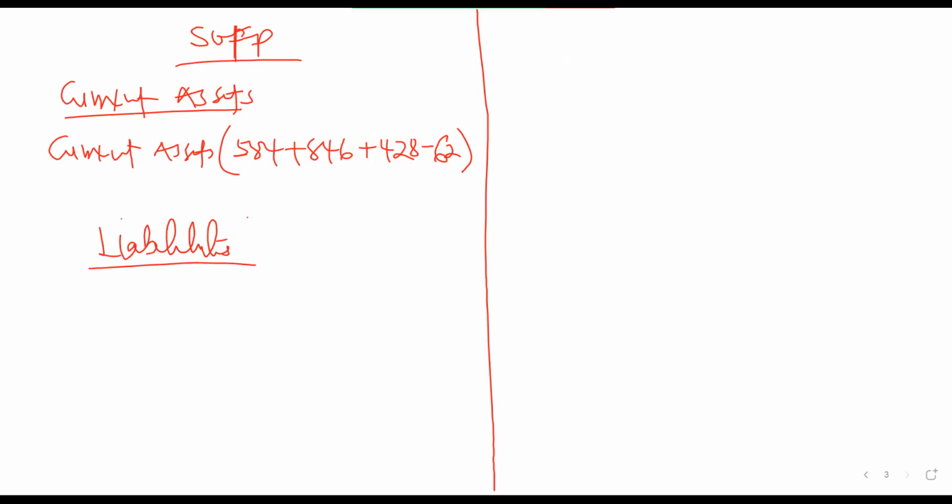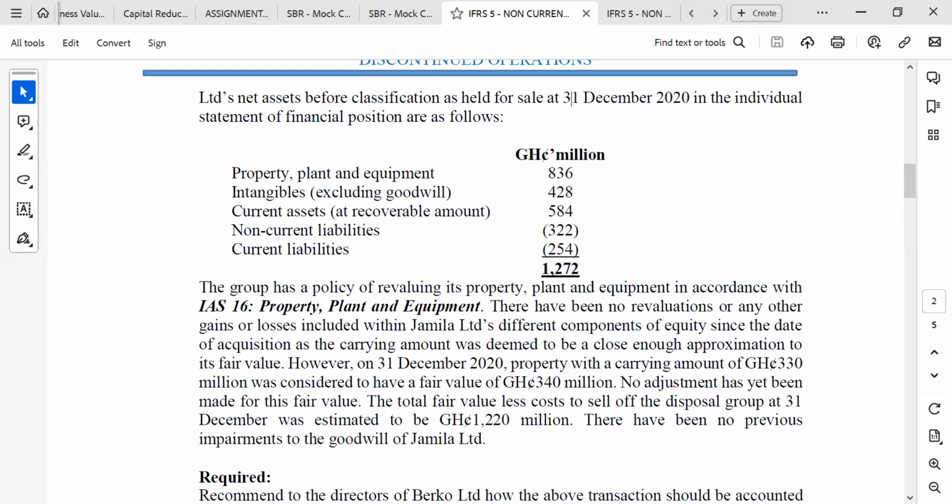That's all. What you have to know is that with this particular group, the only thing that we can classify as held for sale over here are the non-current assets. But the current assets, we are going to be selling the inventory like the normal inventory.